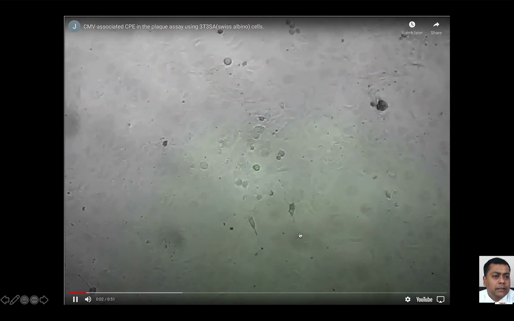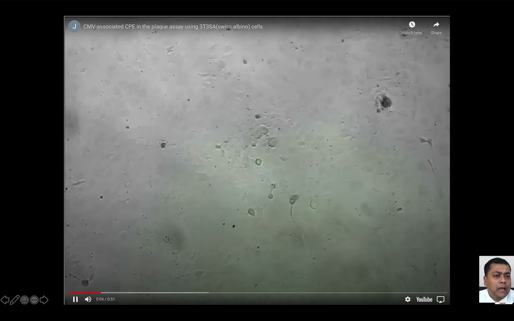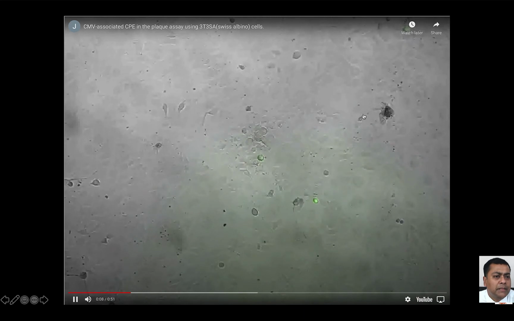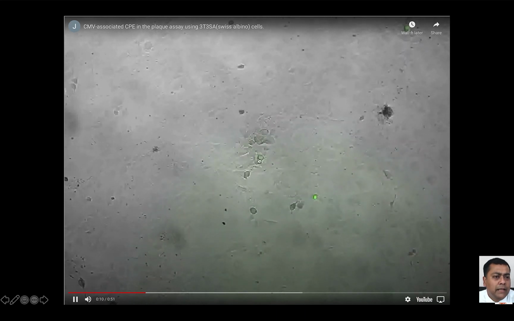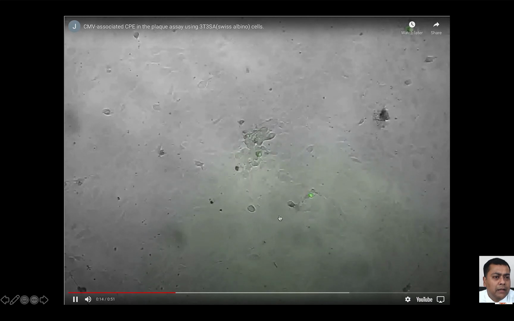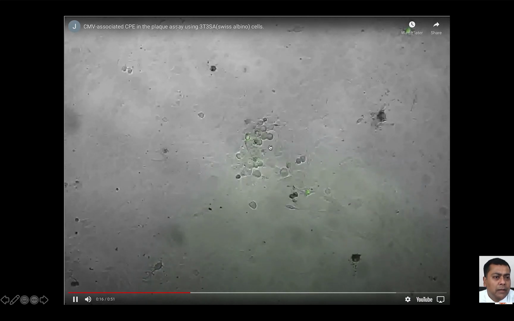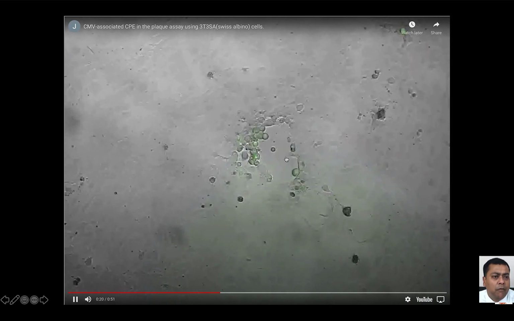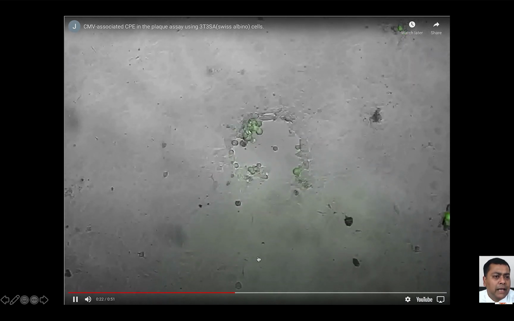So here you can see, just take a look at the middle of the cell. These are almost all confluent. There is some debris floating around, but just take a look at that. There is a green cell right here and something happening in here. See that the cells are gradually clumping up, and now a plaque has started to form, and it's increasing in size.